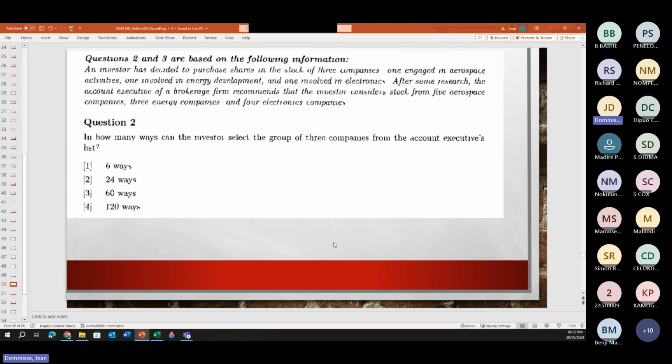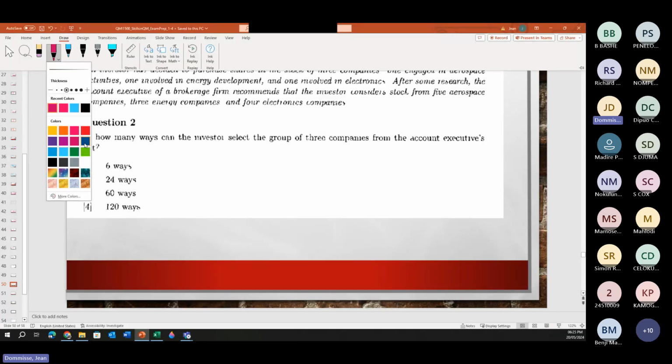After some research, the account executive of a brokerage firm recommends that the investor considers a stock from five aerospace companies, three energy companies, and four electronic companies. In how many ways can the investor select the group of three companies from the account executive's list?